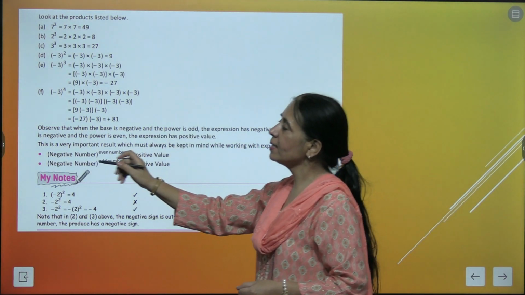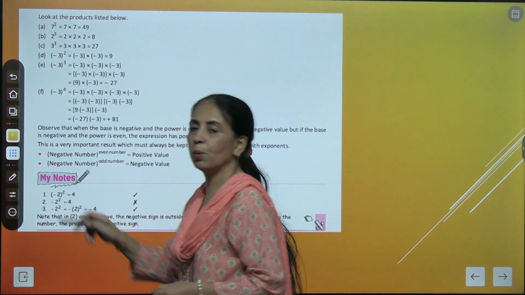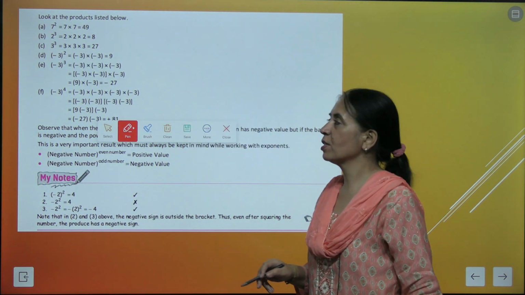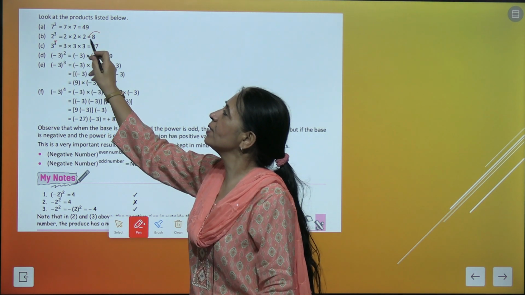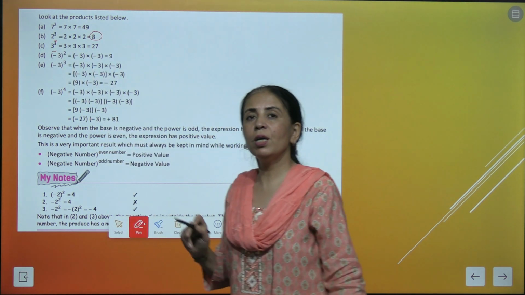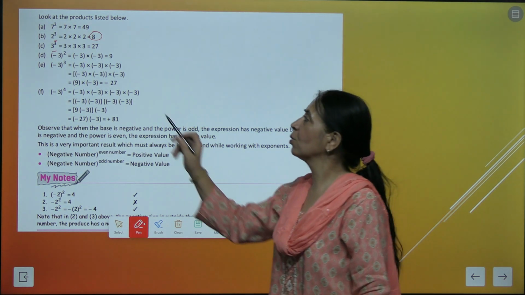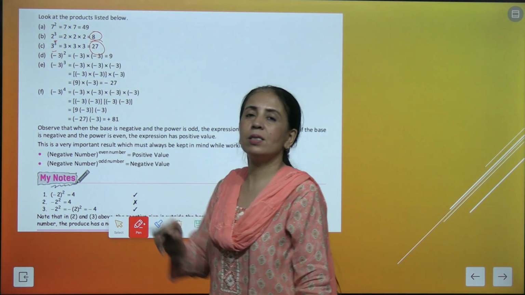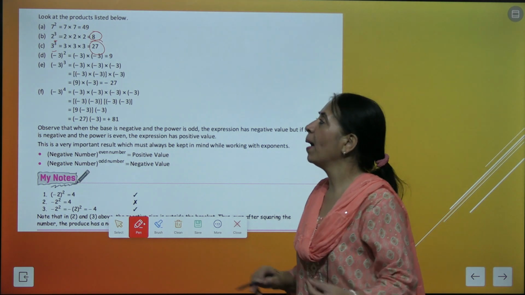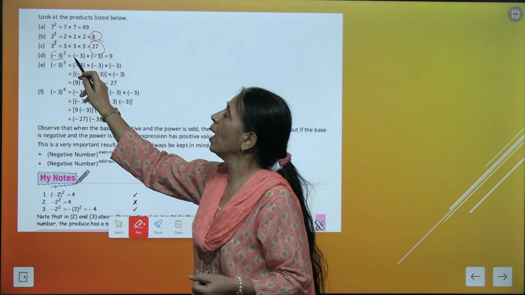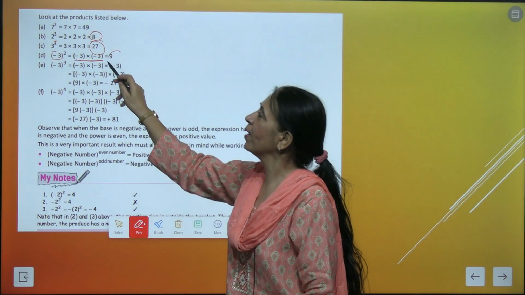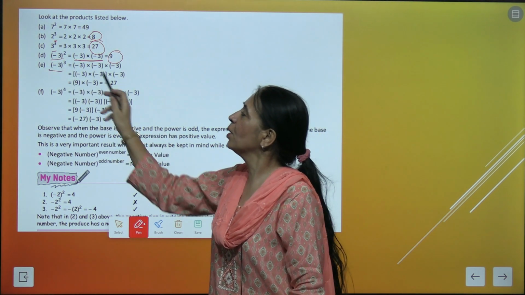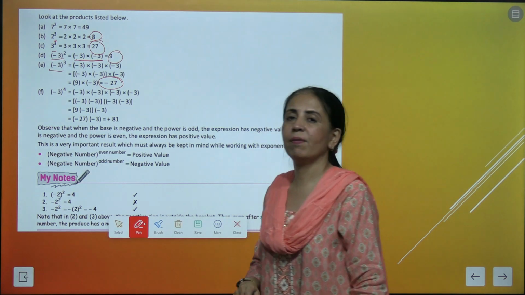Now we come to these examples. First number हमें दिया है 7 square. 7 square का मतलब हुआ 7 multiply 7 which is 49. We have 2 cubed which is equal to 8. 3 cubed, that is 3 multiply 3 multiply 3, we get 27. अगर ये -3 square होगा तो यहाँ -3 और -3 2 टाइम्स मल्टीप्लाई हुआ, we get 9. -3 cubed is -27.